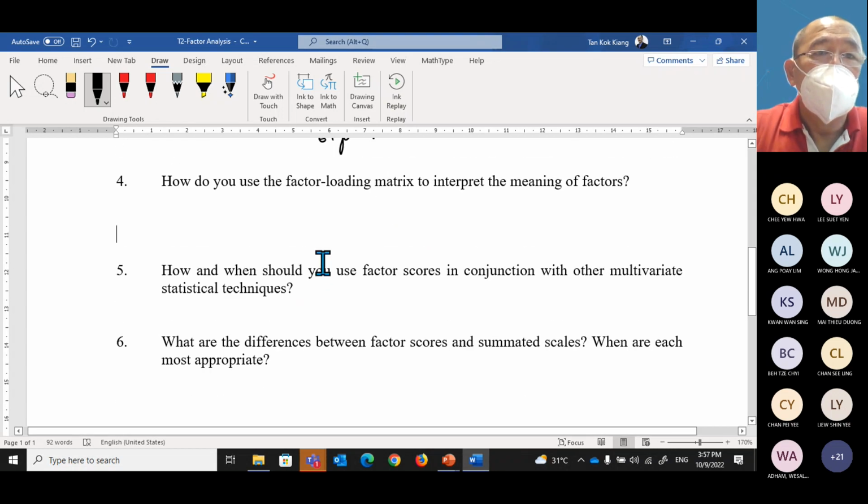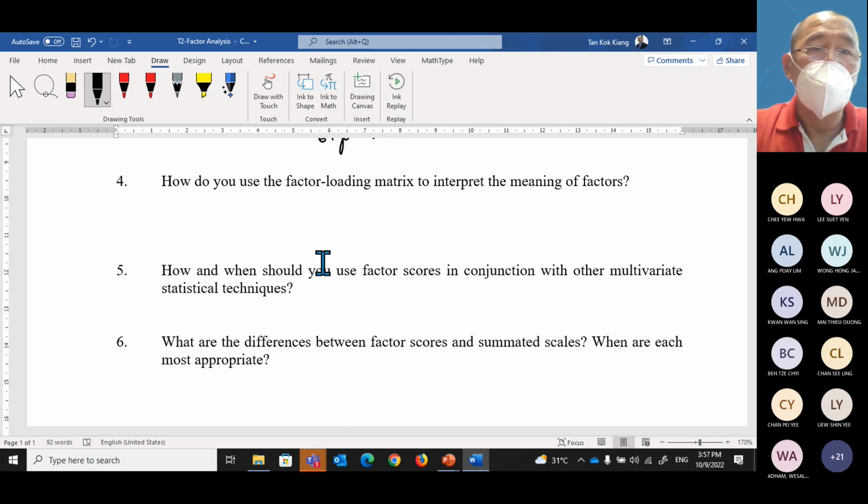So how do you use the factor loading matrix here to interpret the meaning of the factor? Of course, you find the loading. Loading is the correlation between the variable and the factor. From there, you find the high loading, and then you know which variable belongs to which factor.